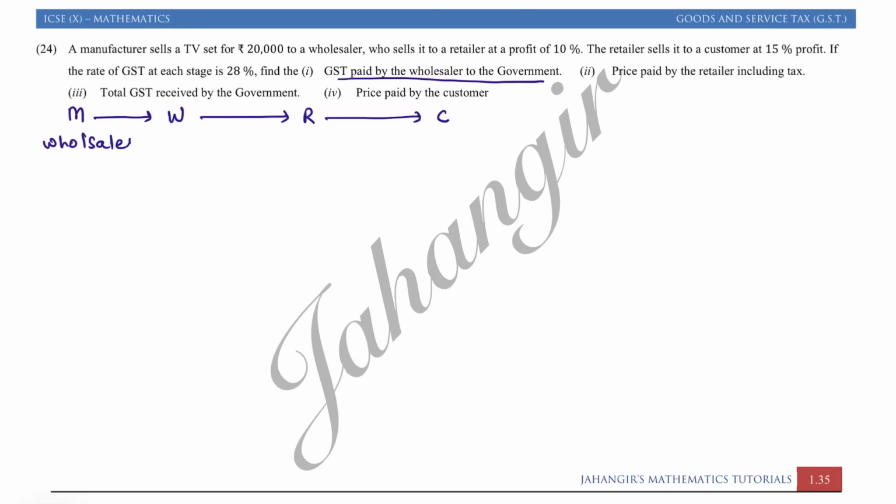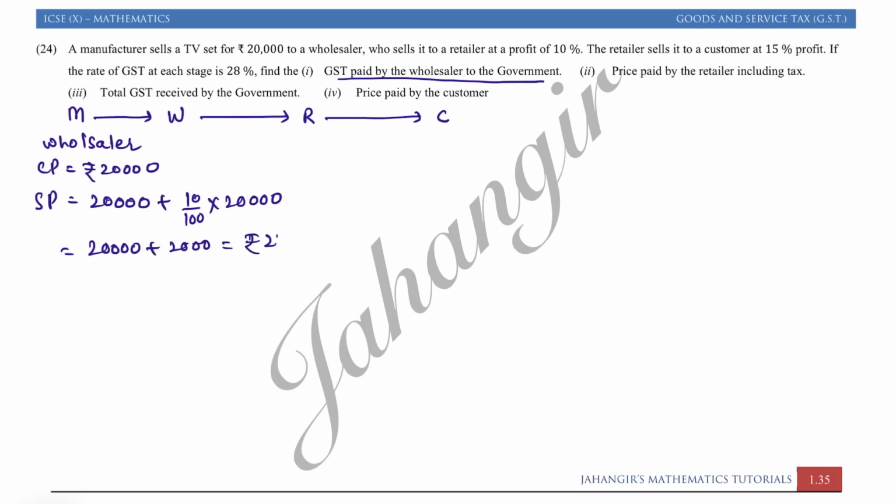Wholesaler का buying price is CP is rupees 20,000 and its SP is 10% profit. तो CP plus 10% profit. 10% profit क्या हो गया इसका? 10 upon 100 into 20,000. So that is 20,000 plus 10% of 20,000 is 2,000. So that is rupees 22,000. ठीक है, wholesaler का ये हो गया.